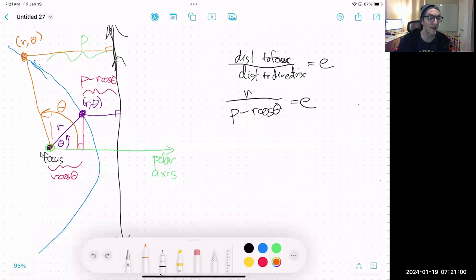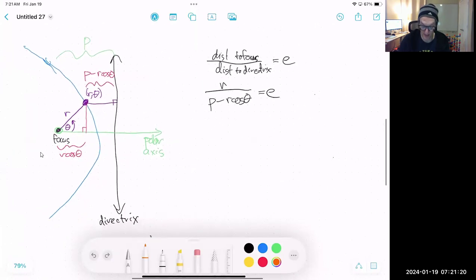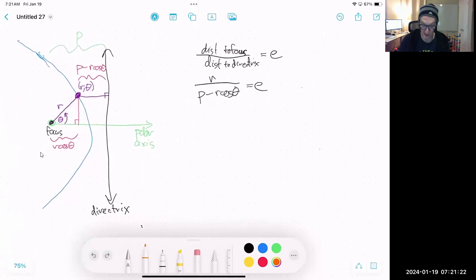But I'm recommending strongly that when given a chance to pick an arbitrary point on your conic, you always pick it in such a way that the arbitrary point is in quadrant one. If you always put it in quadrant one, then sine and cosine will always be positive there, and that's just going to go a lot better.